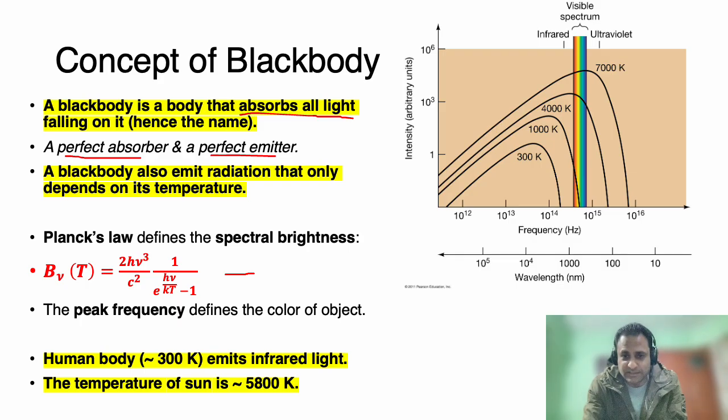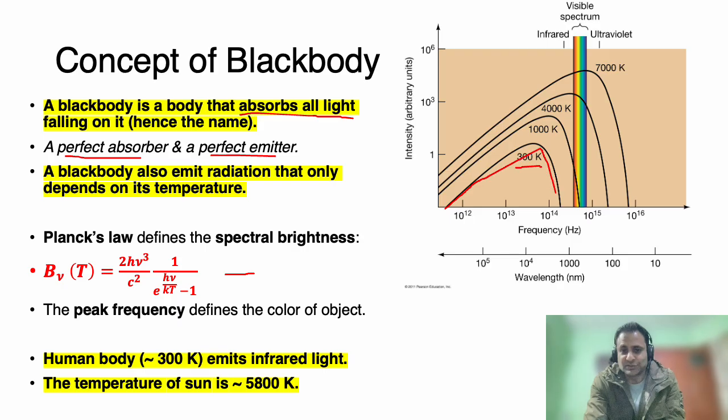So for example, here in this graph, you can see that if the temperature of a body is about 300 Kelvin, which is roughly 25 degrees centigrade, that's the temperature of most of the objects around us, even the human body. So if the temperature of an object is 300 Kelvin or about 25 degrees centigrade, the spectrum of that body should look like this one.